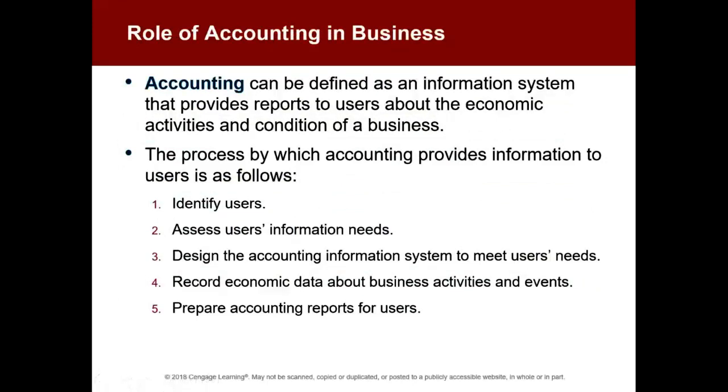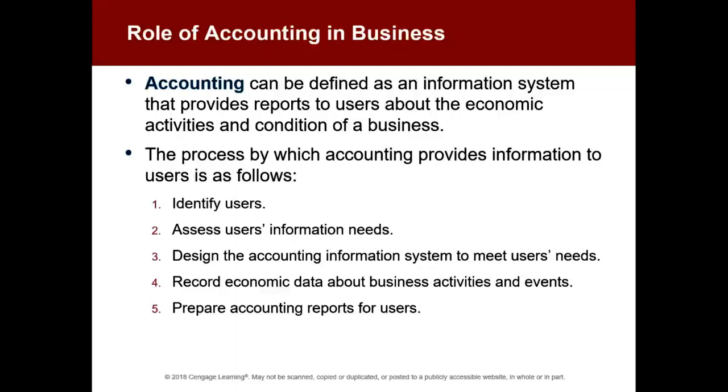Accounting can be defined, and I think the most important thing here is that it's an information system. And then we get all kinds of stuff from the information system that people can use to make decisions about the business. So, in accounting, we have to know who's going to use our information and what their needs are.